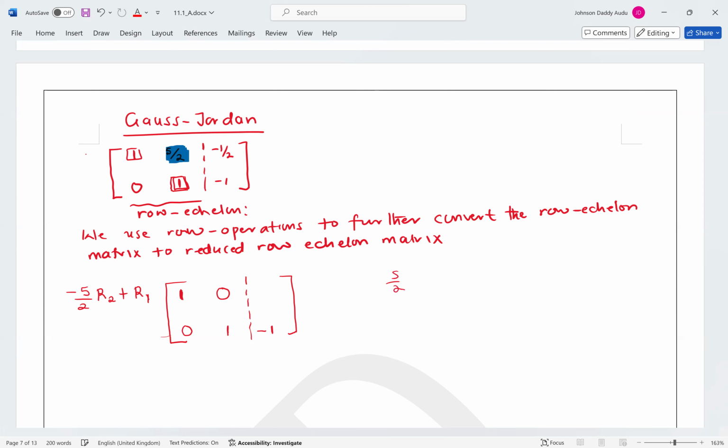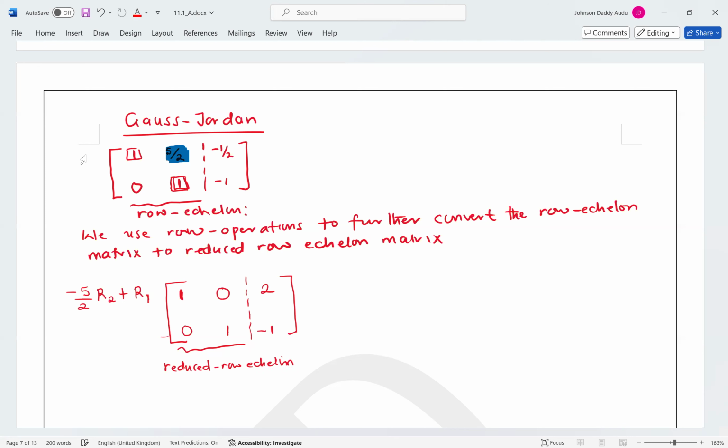So you have 5/2 plus half, which is 5/2 minus 1/2? No, 4/2 after adjusting. And this becomes 2. So you can see that everything, just by one step, is now reduced row echelon.